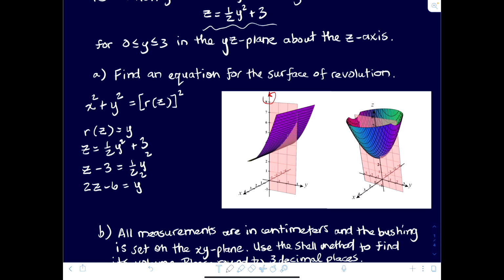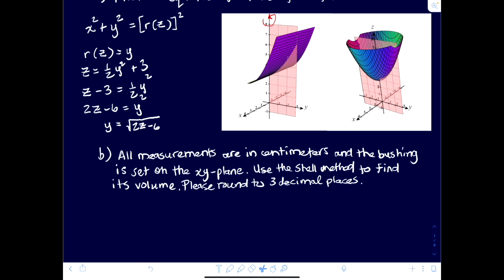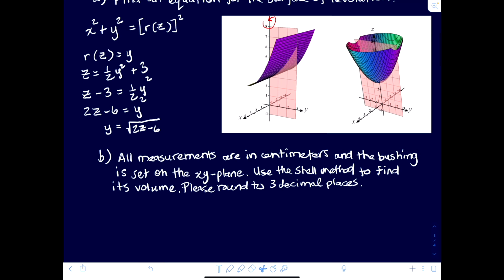And so that would leave us with Y is equal to, Y is positive, so we would say the positive root of 2Z minus 6. I'm going to go ahead and do this nice trick where I can move my writing down.